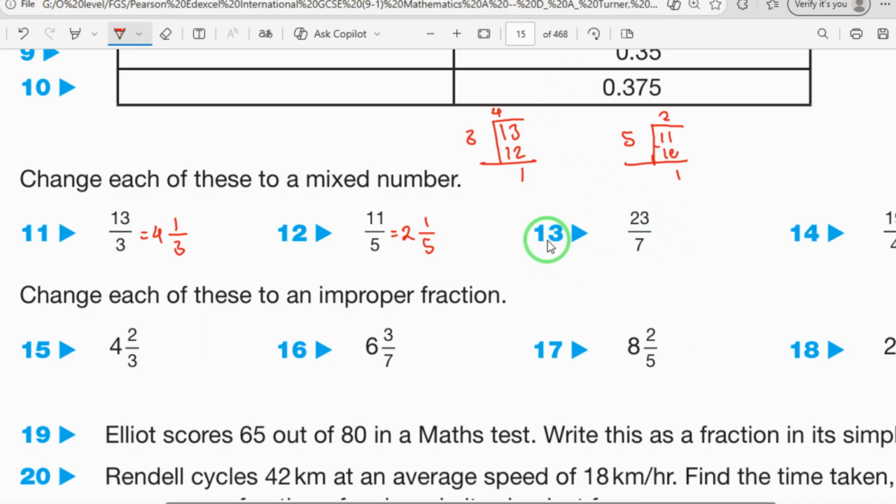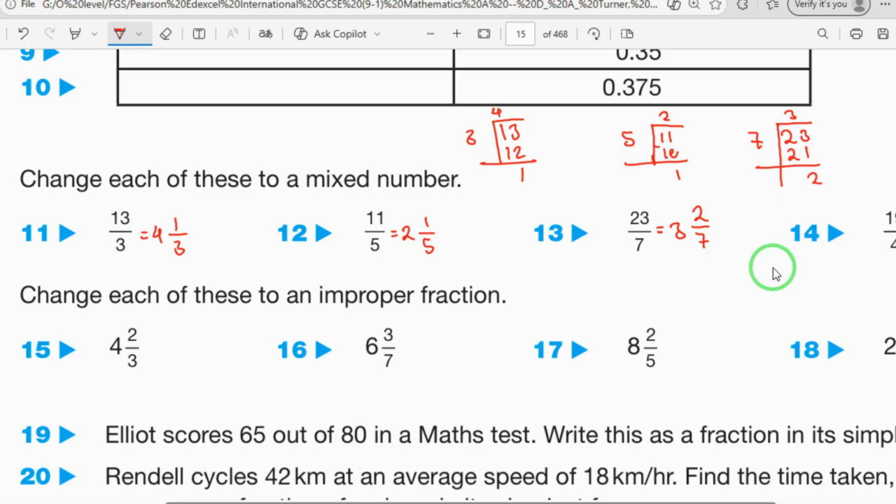And we come to question number 13. We have 23 over 7. We divide 23 by 7. We have 3 times 7 is 21. Then we subtract, and only 2 remains. Now we write 3 as the whole number, 2 as the numerator, and 7 as the denominator. It is changed to a mixed number.